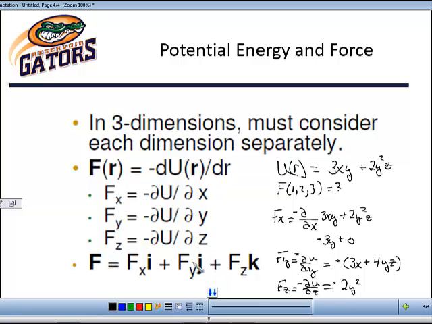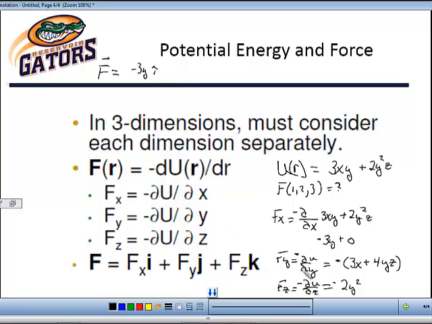Now let's put this all together so it looks like this. Our force is equal to, and this is a vector, so I'll put the little arrow over it because I can't draw in bold, the x component times the i unit vector, and that was negative 3y, so negative 3 times y i.